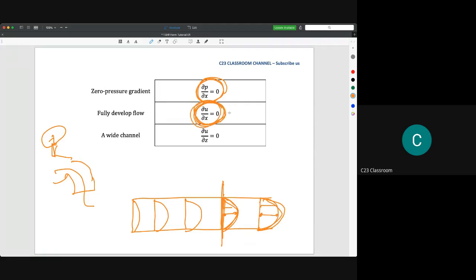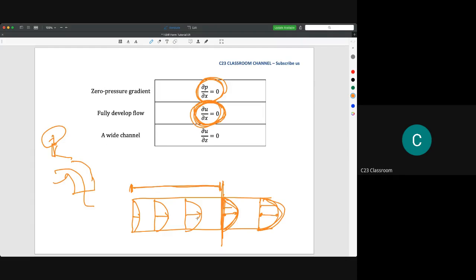Kalau not fully developed flow, kita dapati bahawa had laju dia akan semakin laju dan semakin laju. Saya harap awak dapat imagine. Saya rasa di dalam flow in pipe, fluid mechanics 1 telah dinyatakan tentang fully developed flow region ini.